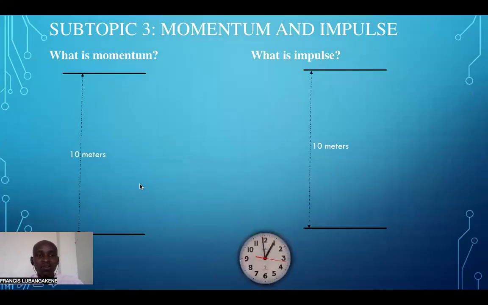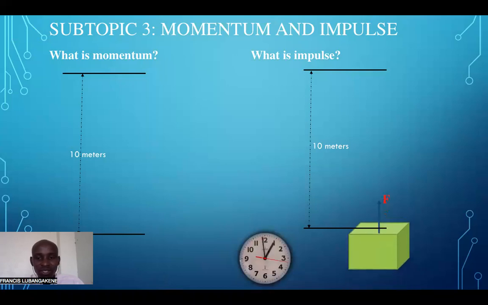In the next explanation, we shall have the third subtopic, which is momentum and impulse. For momentum, we just have to know that a moving object has mass and velocity.